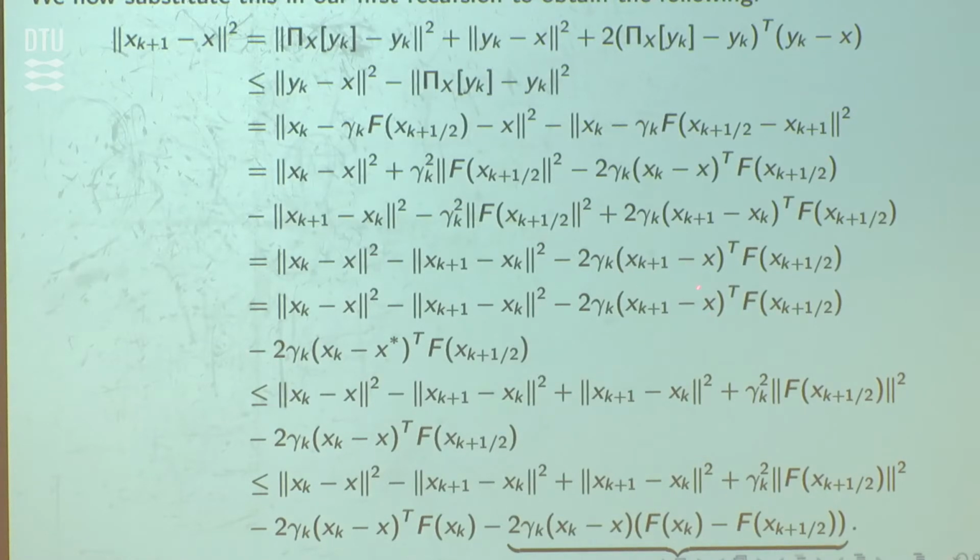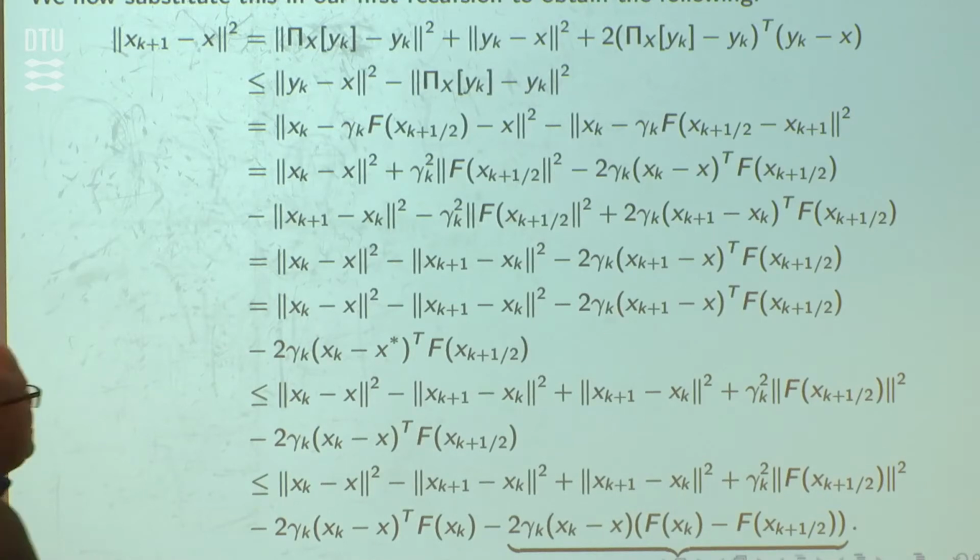So I added and subtracted xk. So this was xk. This was x. I added and subtracted x. I don't know why I made this x star, that's not correct. So this should be here. I added and subtracted xk. So this should be xk here, and this should still be x. Okay, this stays here, that's fine.